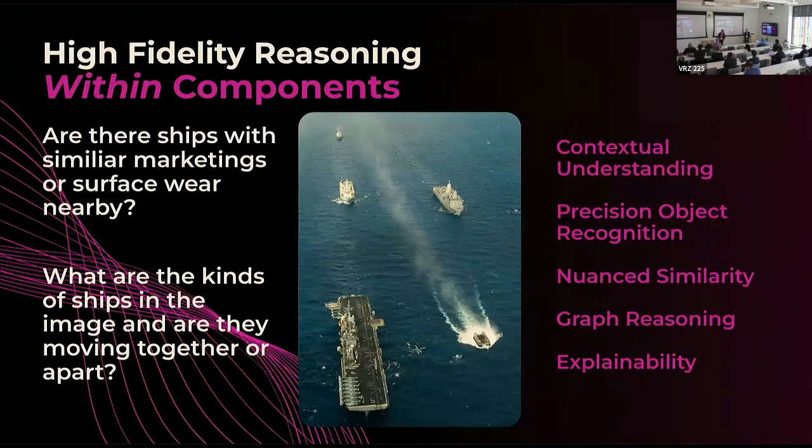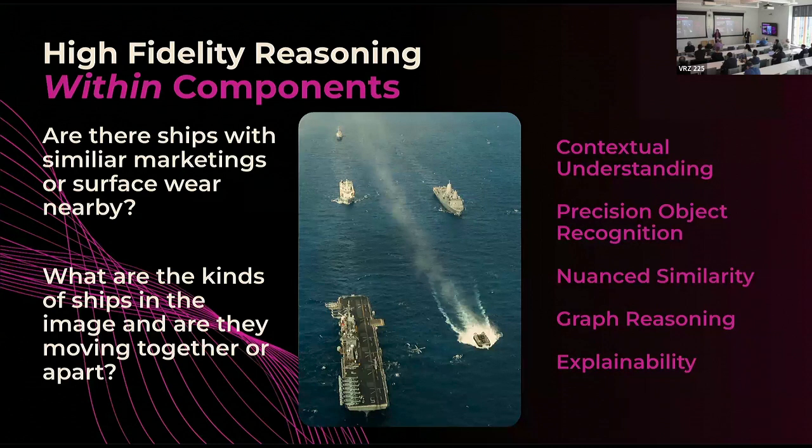And so what that allows us to do is really interesting reasoning within components. And so I've just got an image here. We'll be talking about images, but you might ask questions like, are there ships with similar markings or surface wear nearby? Or maybe that might be identical. What kinds of ships are in the image? Are they moving together?